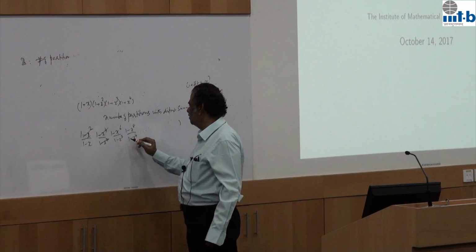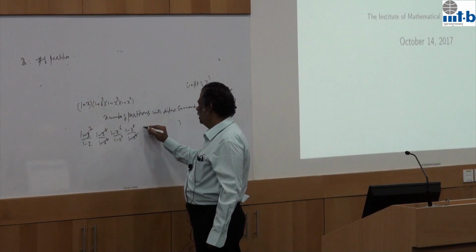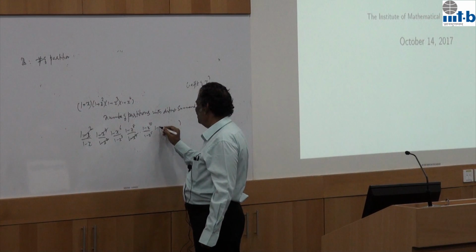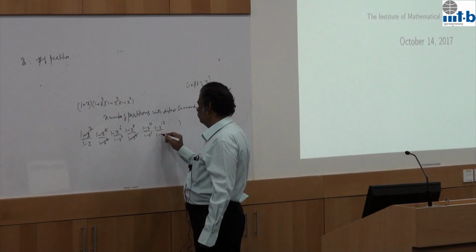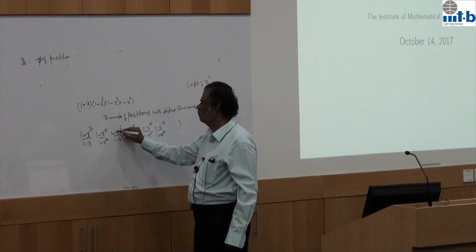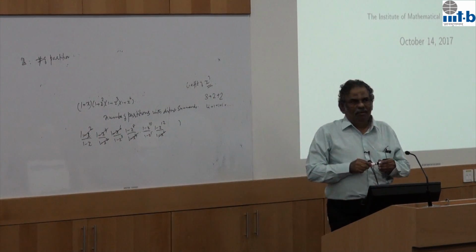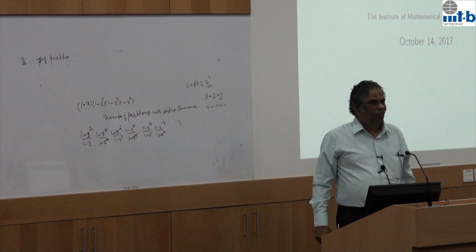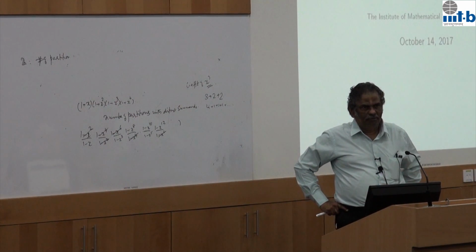This numerator cancels, and then the next numerator cancels. Then you see all the numerators will get cancelled. What will remain is only the denominators.